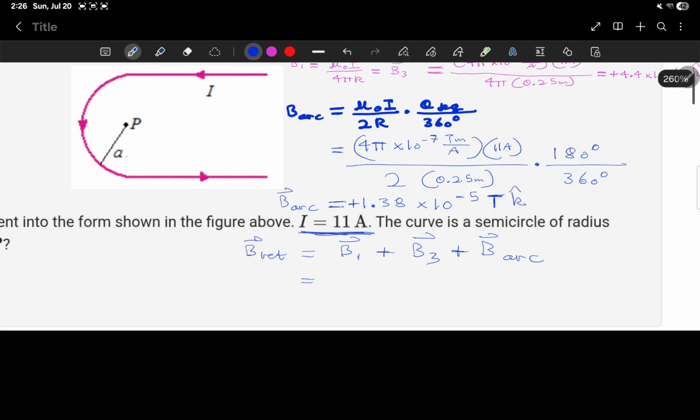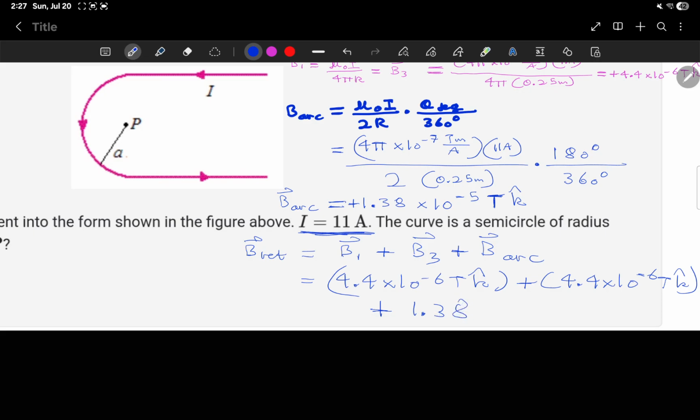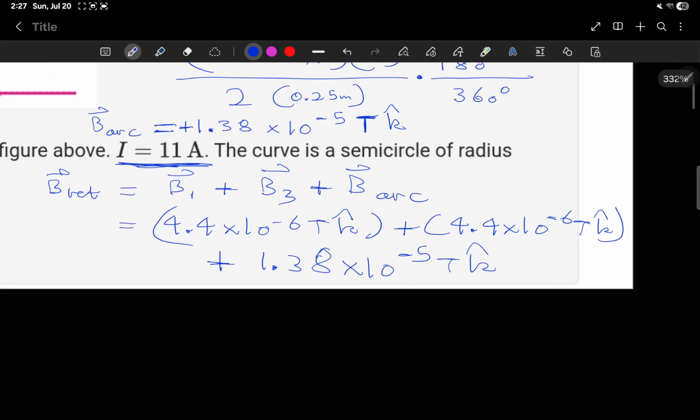We're adding 4.4 times 10 to the negative 6 Tesla K hat to another 4.4 times 10 to the negative 6 Tesla K hat to the magnetic field from the arc, which is this, Tesla K hat. Now I'm going to erase that, so just take note of this or pause the video and I'll add this up.